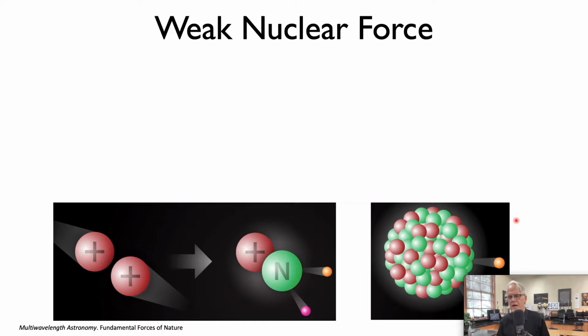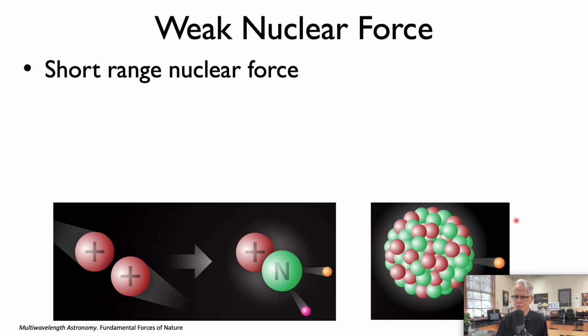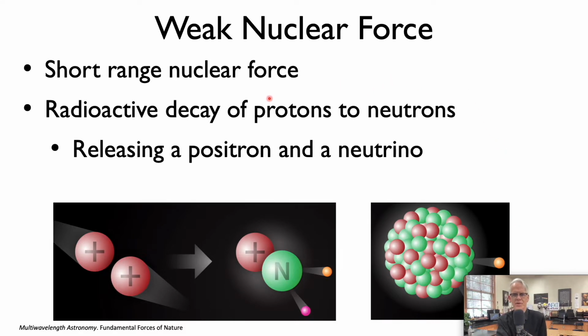Now, there's another of the fundamental forces that takes place in the nucleus of the atom, but it's weaker than the strong nuclear force. And what do we call it? We call it the weak nuclear force. It is a very short-range nuclear force, and it has to do with the radioactive decay of protons to neutrons.